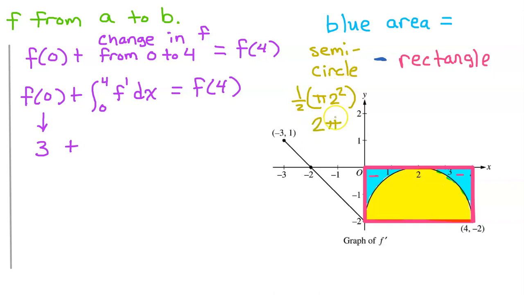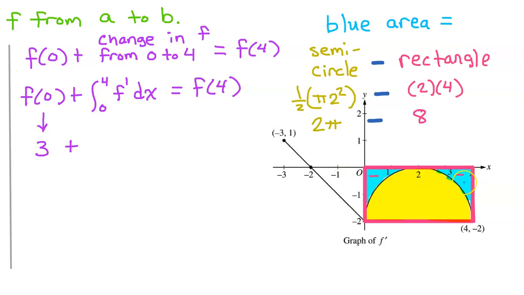So the area of the semicircle is 2 pi. How about the rectangle? Of course, the area of a rectangle is base times height. So the base is 4 and the height is 2. So that's going to be 2 times 4, which is 8.